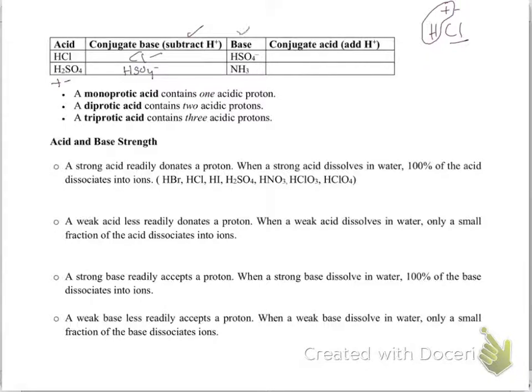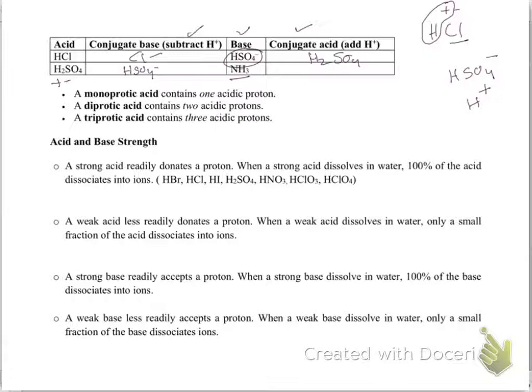If the base is given and you are told to write down the conjugate acid, then you have to think about the definition of a base. Base accepts proton. That means now in this one you have to add H plus. So I have HSO4 negative and I'm adding H plus into it. H and H, 2H means H2, SO4, and there was one negative and one positive, that cancels out.